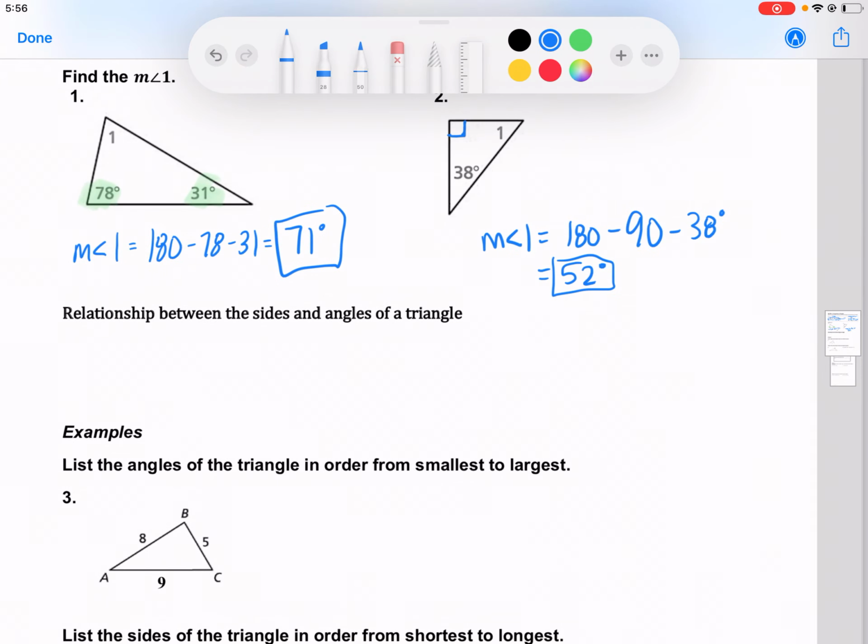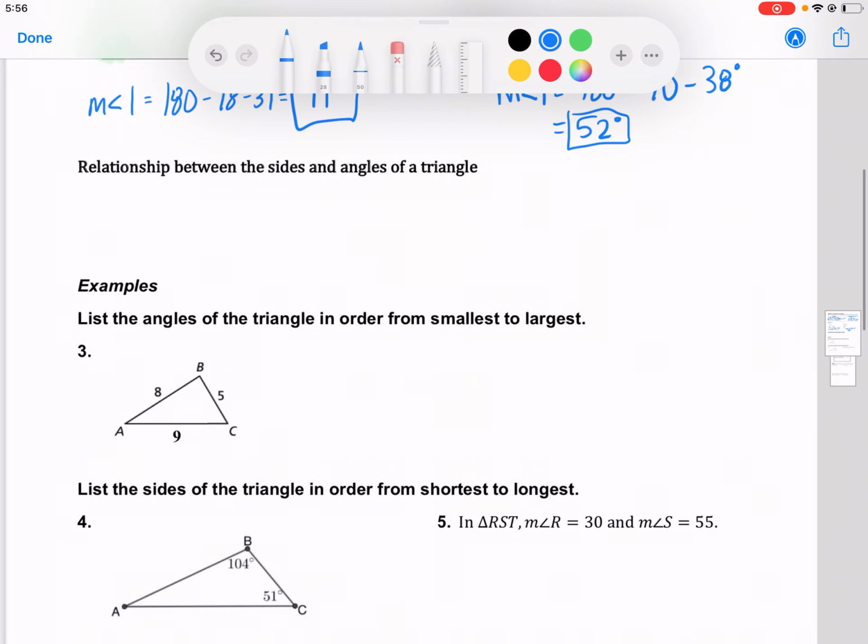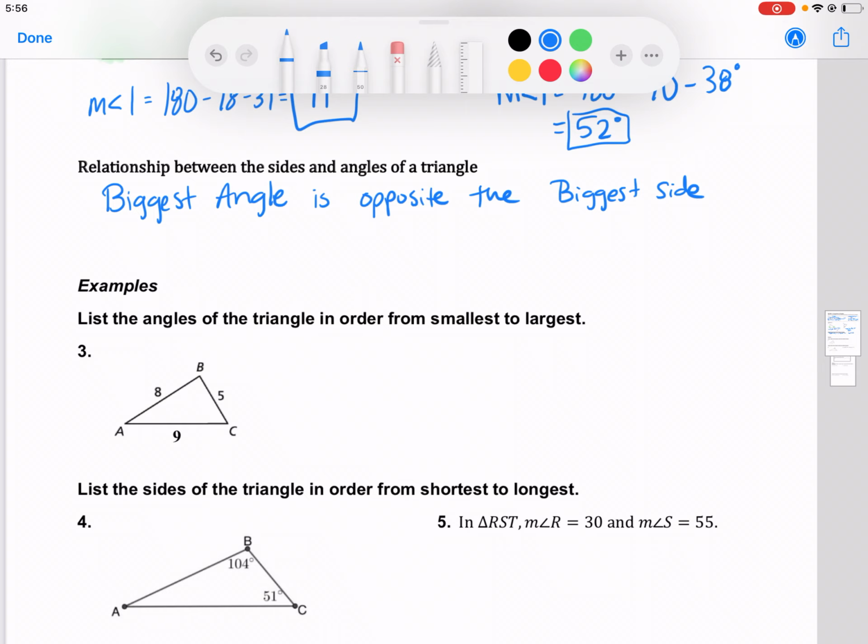So let's talk about the relationship between sides and angles. So the biggest angle, or the largest angle, is always across or opposite the biggest side, or longest side. And the opposite is also true.